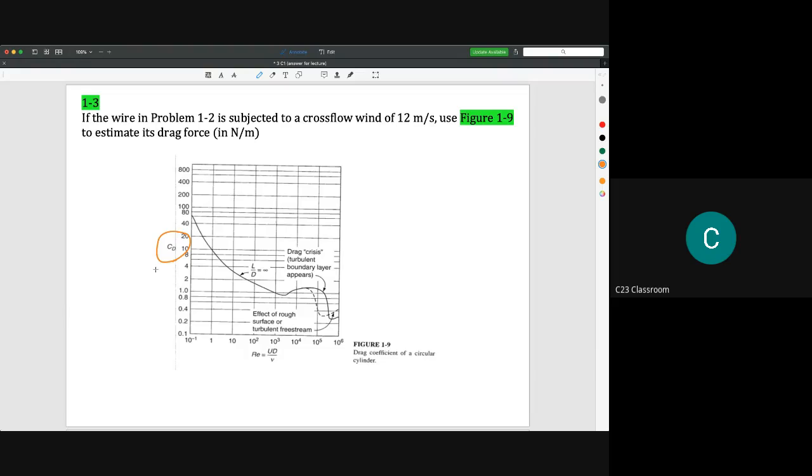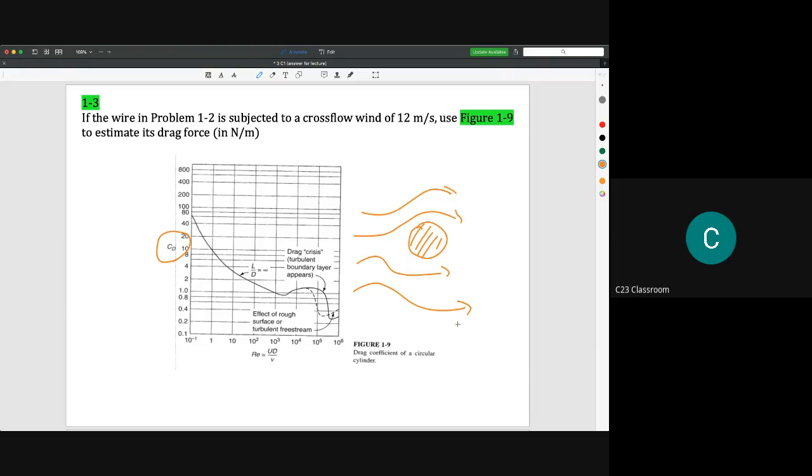A lot of our problems deal with one object that sits inside a fluid like this. It can be in two situations.